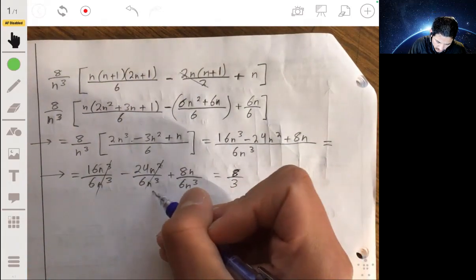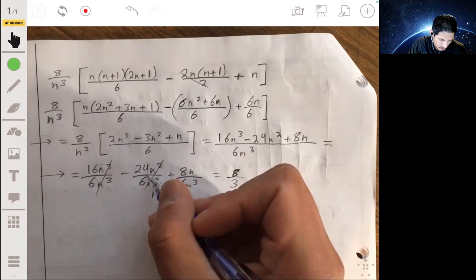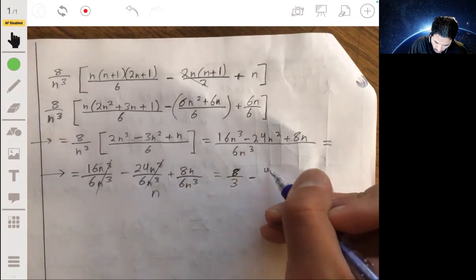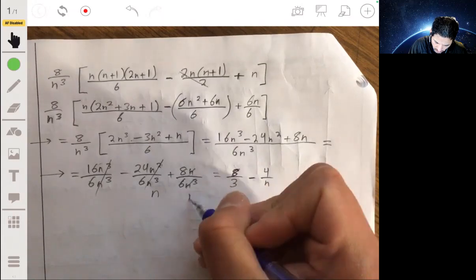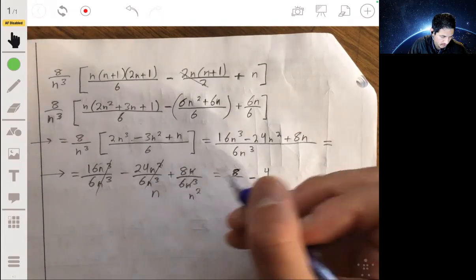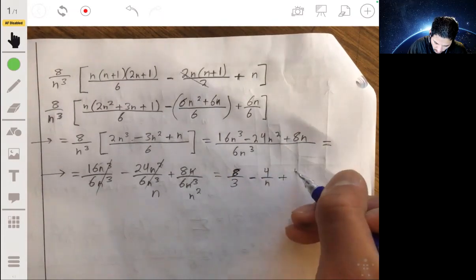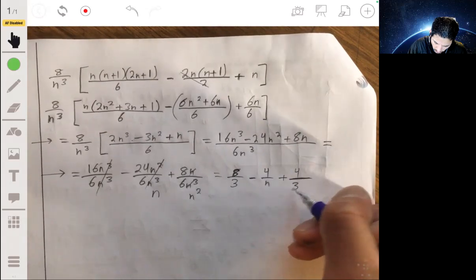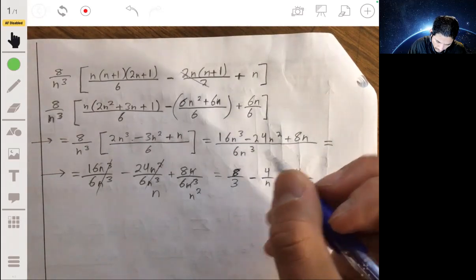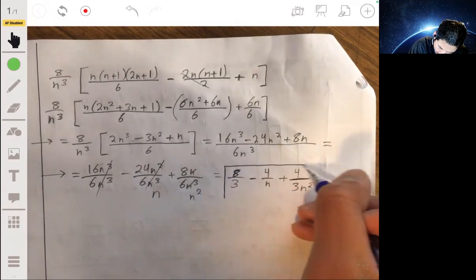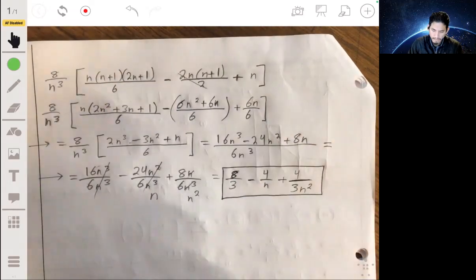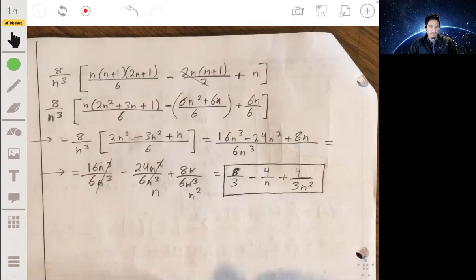The n just becomes 4 over n, and the n squared becomes 4 over 3n squared. So this is the lower sum.